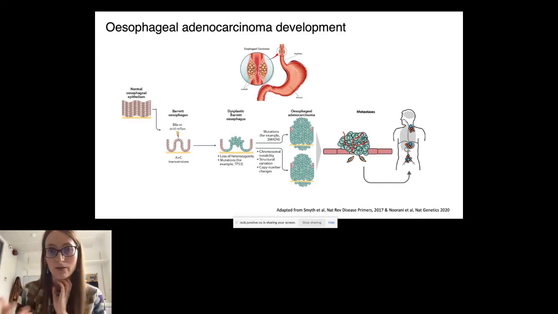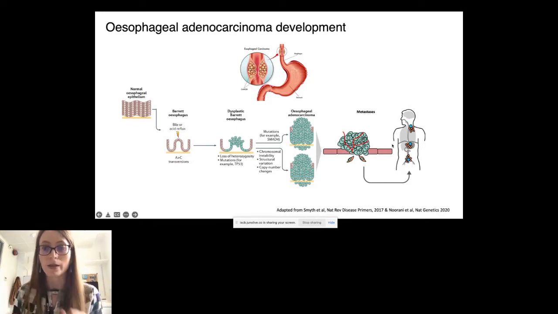From other studies in the group, we found that they actually tend to metastasize years before they would actually be discovered in other parts of the body. This also relates to the very poor prognosis that these patients have. But as you see here, we have a whole timeline of cancer evolution that we can capture if we sequence these individual stages. And this is what we've been trying to do in our work.